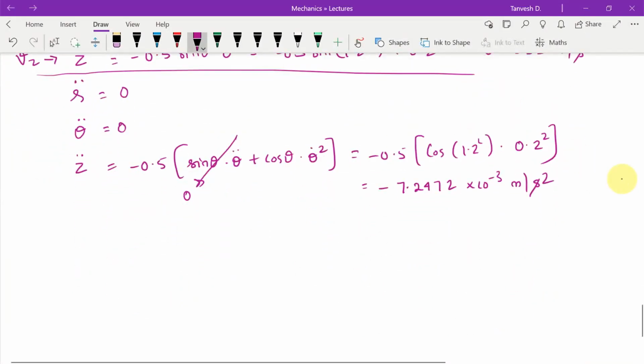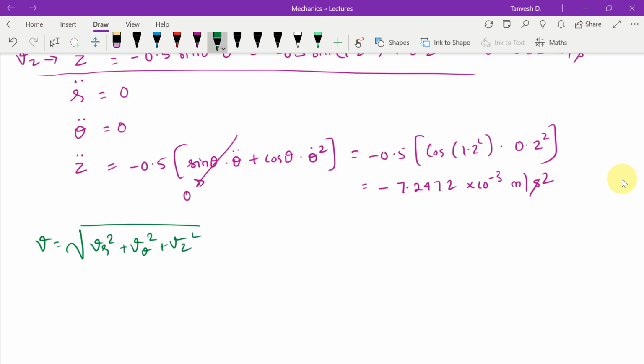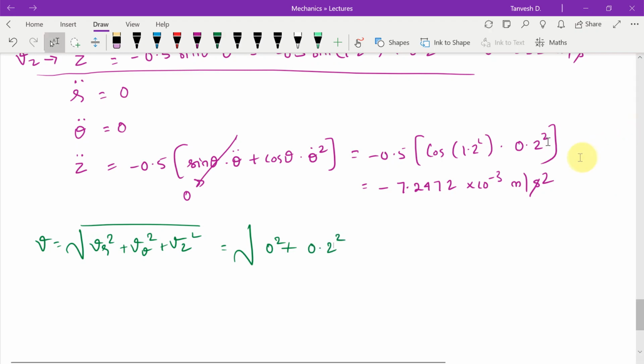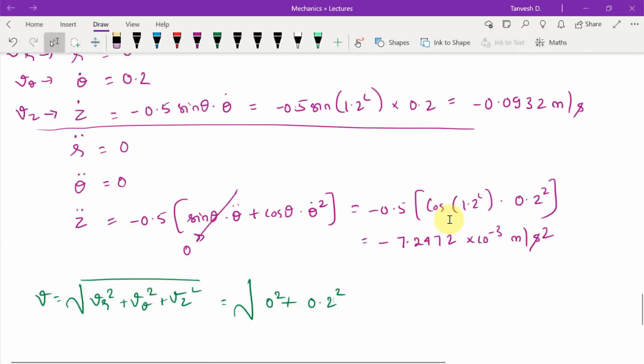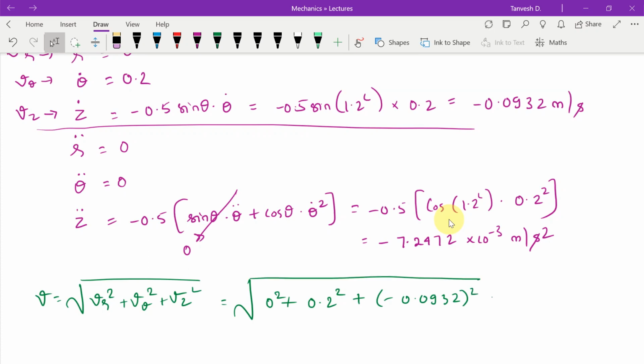So the total velocity V is under root of Vr square plus V theta square plus Vz square, which is 0 square plus 0.2 square plus 0.0932 square, which is equal to 0.8054 meters per second.